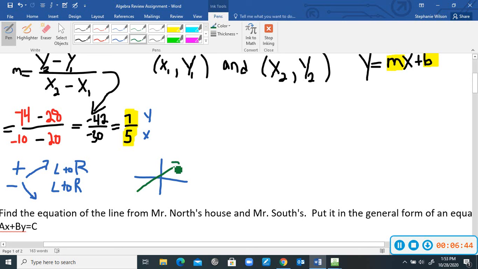And it's going towards the positive, so as long as it increases from left to right, then it's positive. Now let's do the negative. Well, if it's decreasing left to right, then it's negative. So let me just change that color there. Alright.